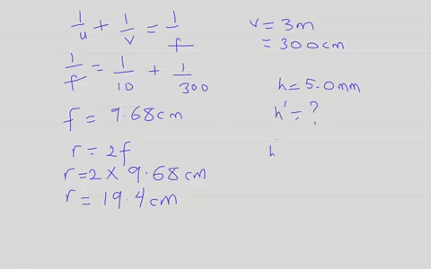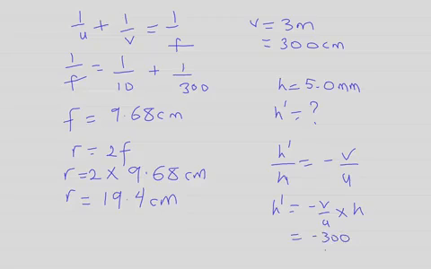So just write this relationship. H prime over H is equal to minus V over U. Now we want to find this, right? So H prime is equal to minus V over U times H, and that will be minus 300 over 10 times H, which is in millimeter.